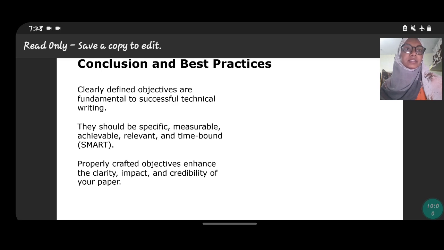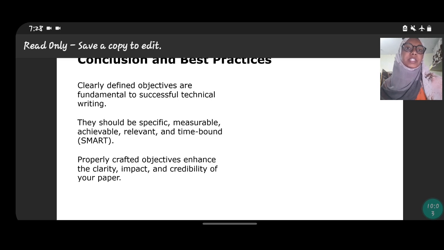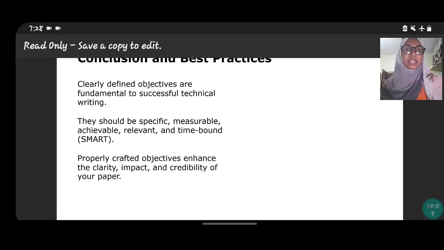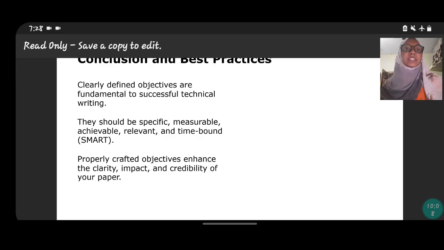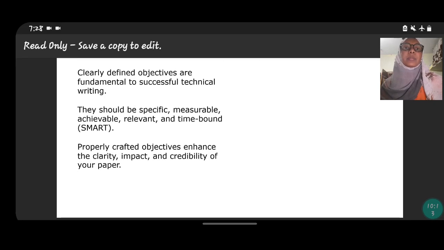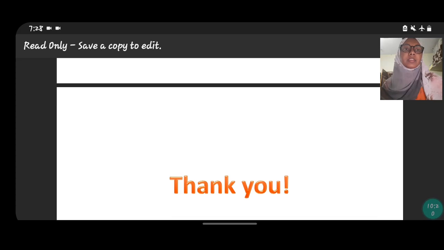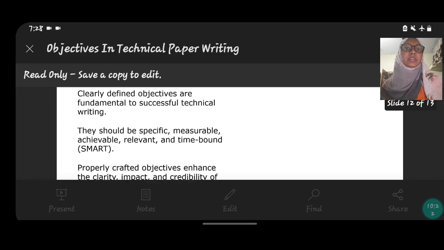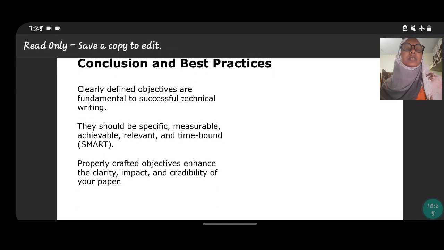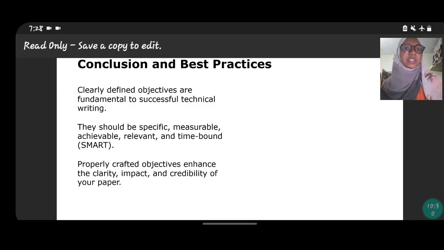Conclusion and best practices. Clearly defined objectives are fundamental to successful technical paper writing. They should be specific, measurable, achievable, relevant, and time bound. Properly crafted objectives enhance the clarity, impact, and credibility of your paper. So, while coming to the conclusion, while writing our paper, the objective should be clean, clear, and understandable to the reader.